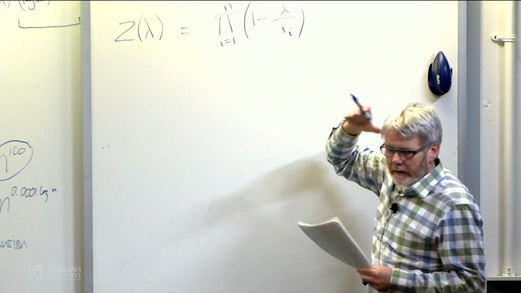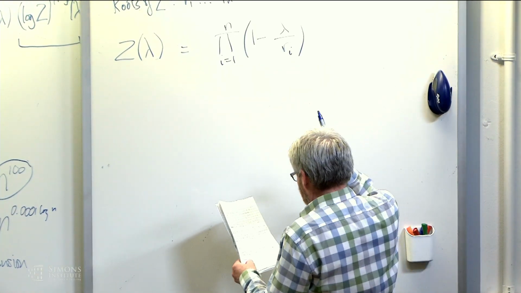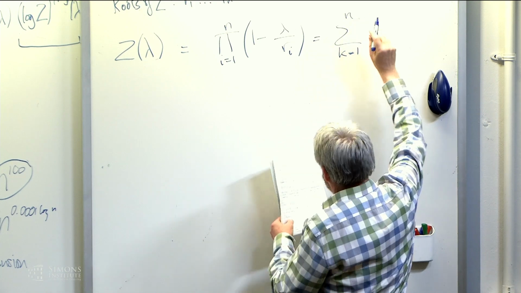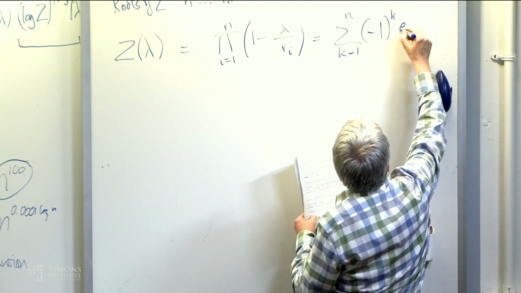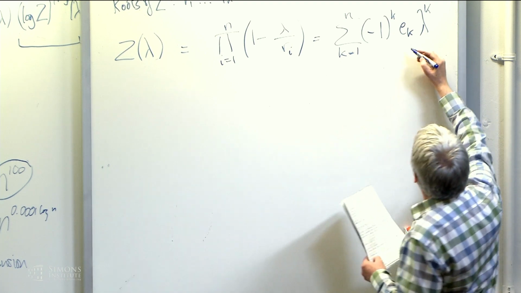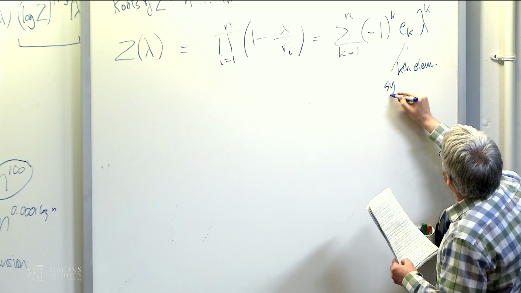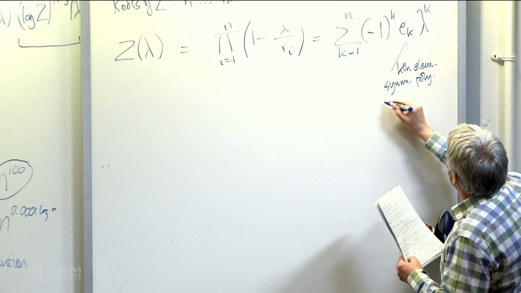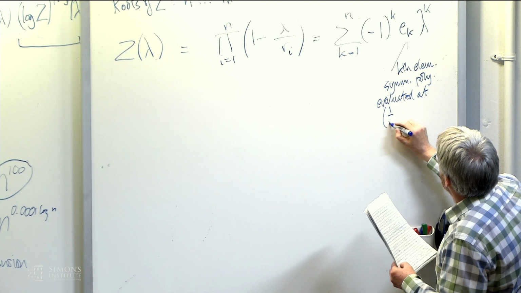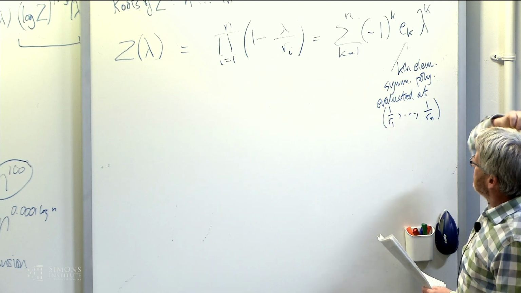Since its constant term is 1, I can write it like this, and I can further write it out. This is the kth elementary symmetric polynomial evaluated at the 1 over the roots. They're just expanding this thing out in the obvious way.